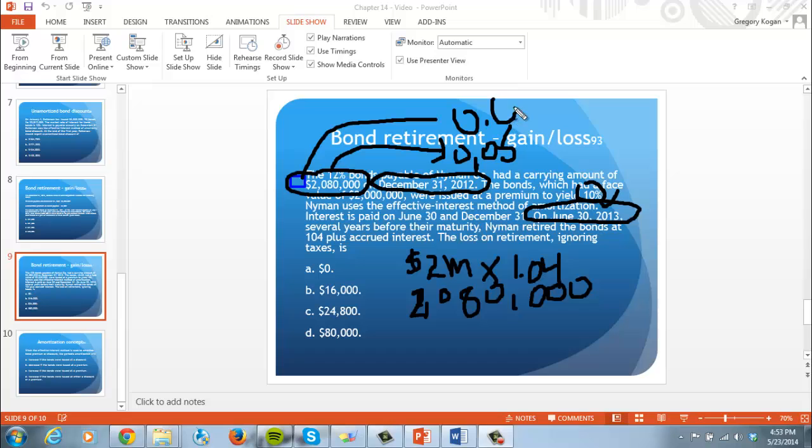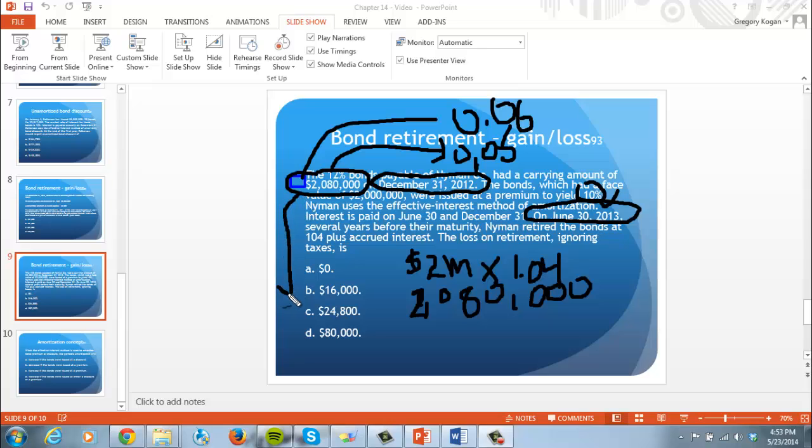The difference between the yield and the coupon is what we're looking for, which is the amortization. So we take the difference between these two numbers and subtract that from 2,080,000, which was the beginning.